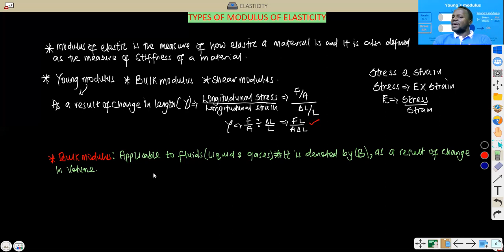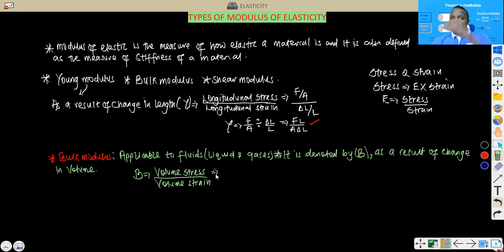Now, not to waste time, we can also put it at the back of our mind that bulk modulus is expressed mathematically as what we call volume stress over volume strain. Longitudinal stress over longitudinal strain is Young modulus. Bulk modulus is volume stress over volume strain.